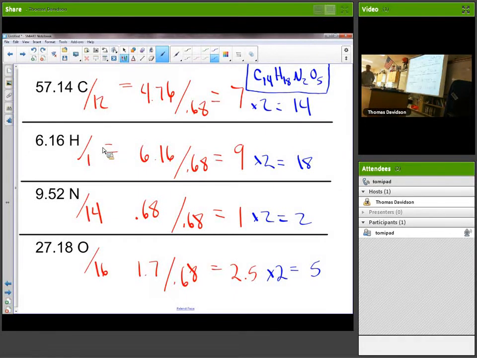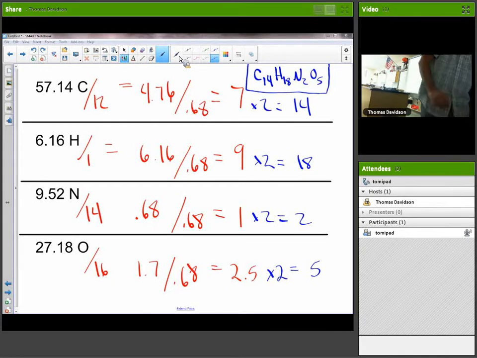Let's do one more example where it is an empirical versus molecular formula. Who has no idea what that means? Okay, I'll explain it.